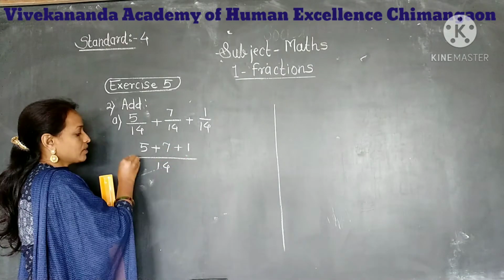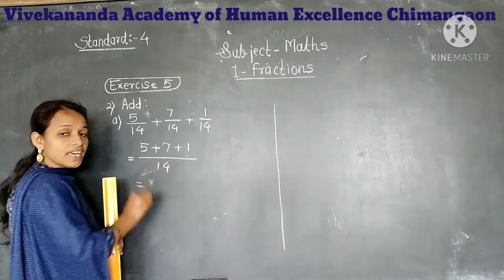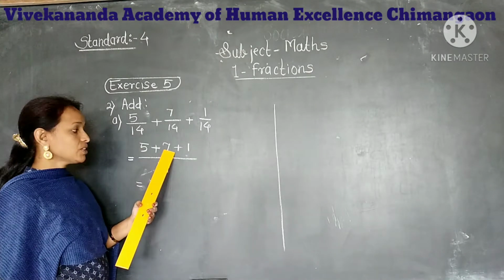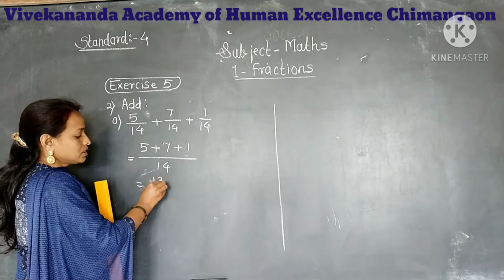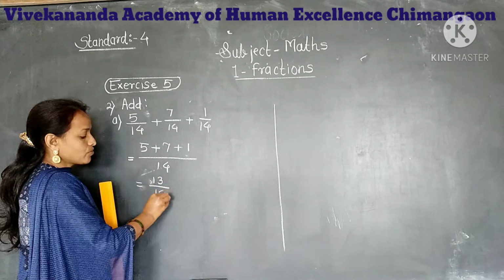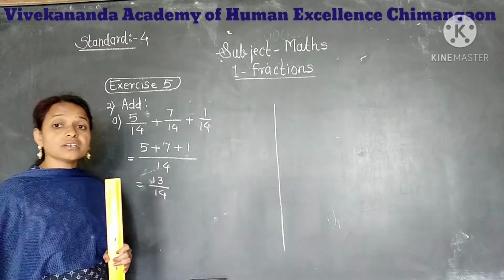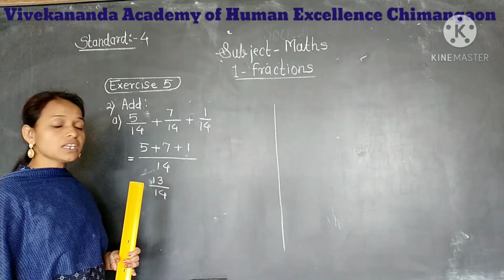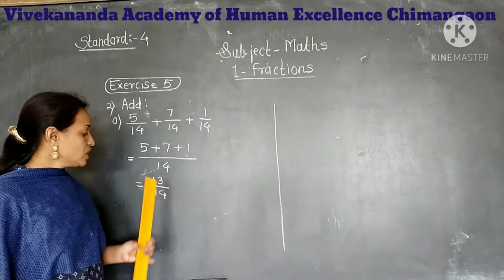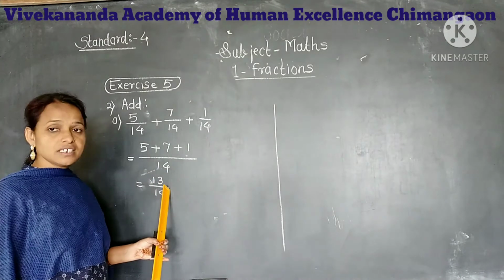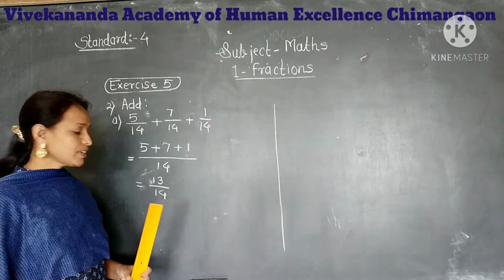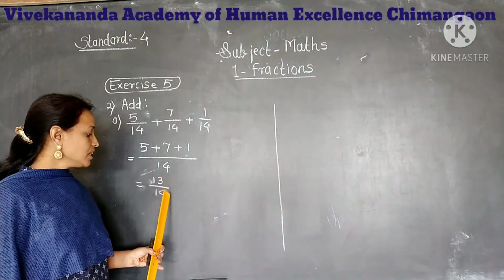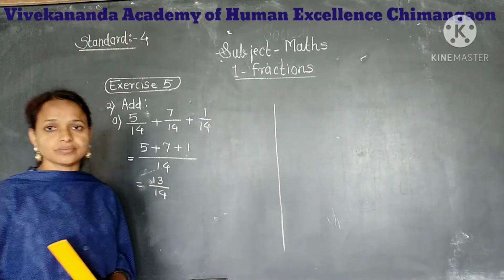So we add the numerators 5 plus 7, 12, 12 plus 1, 13. 13 upon 14. So here we get sum 13 upon 14. Here already it is in lowest term.